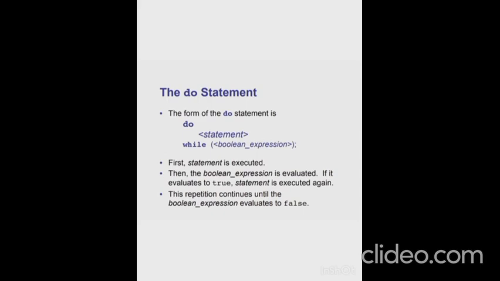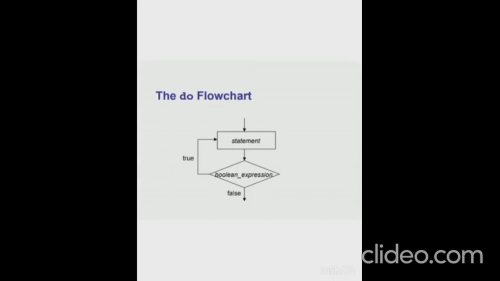So this is the flowchart of do. On reaching the do statement, the program proceeds to evaluate the body of the loop first. At the end of the loop, the test condition in the while statement is evaluated. If the condition is true, the program continues to evaluate the body of the loop once again. This process continues as long as the condition is true.